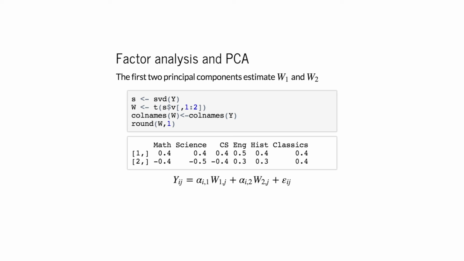And what we can see, if we look at what these W's are across the subjects, is that the first one appears to relate to the overall. It automatically finds your overall ability: it's a positive constant for every single subject. And the second column of V appears to be related to the difference between the humanities and STEM.